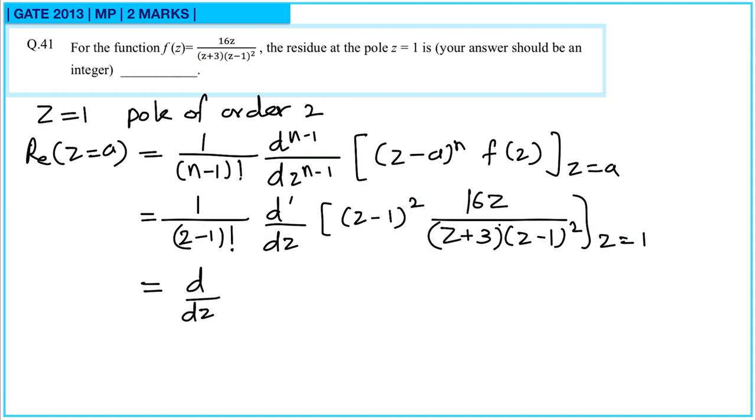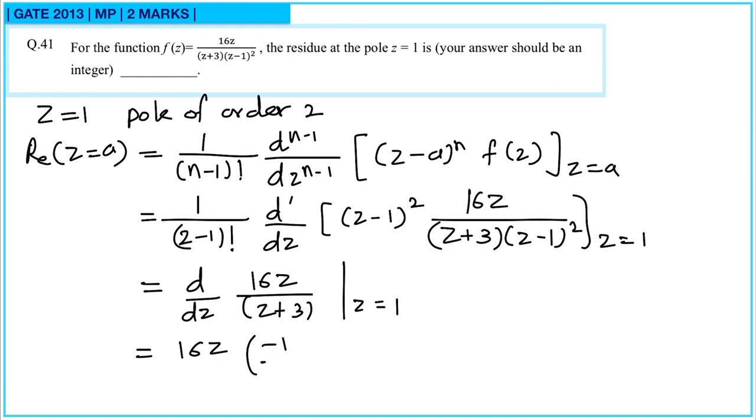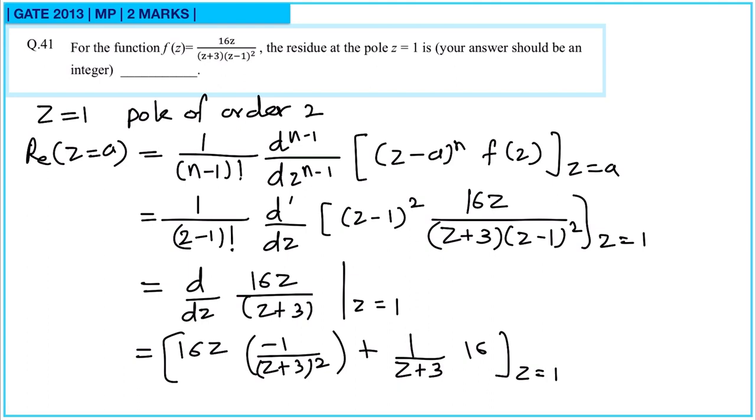D by dz, the z minus 1 square will cancel out. We have d by dz of 16z upon z plus 3 at z is equal to 1. So this derivative will be minus 16z upon z plus 3 the whole square, plus 1 upon z plus 3 into 16.